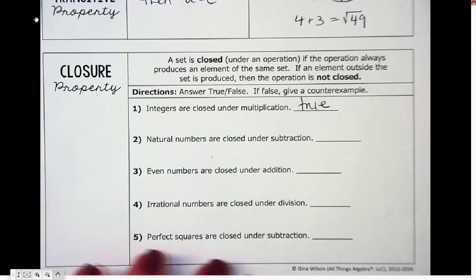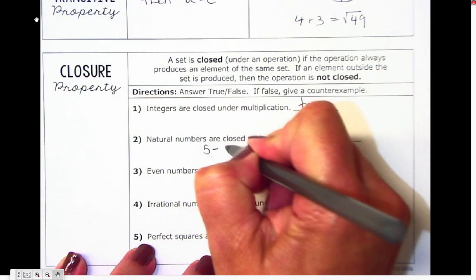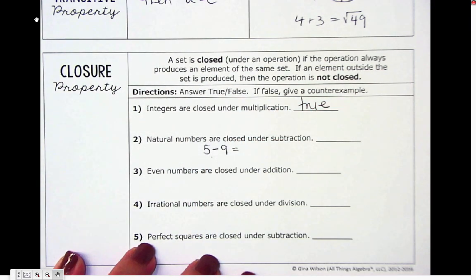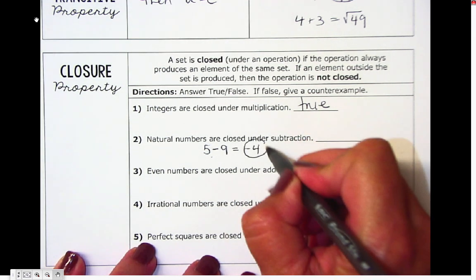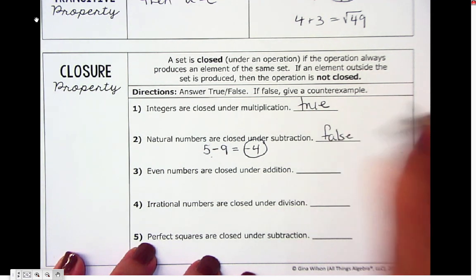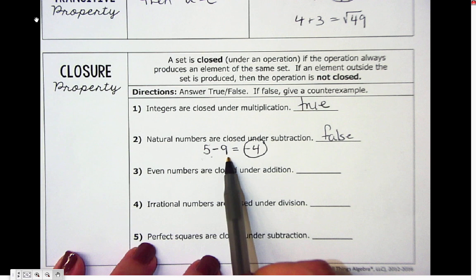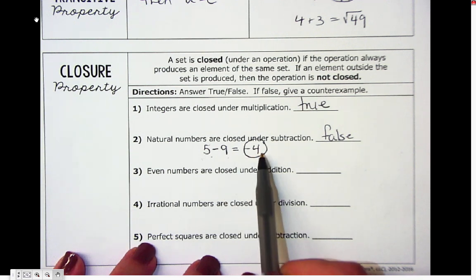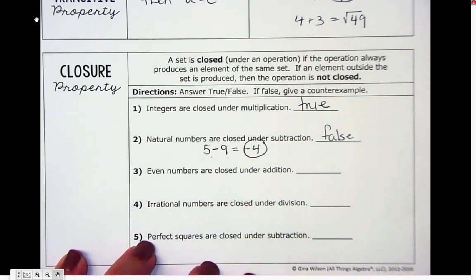Well, if I take two natural numbers like 5 and 9 and I subtract them, I could get -4. -4 is not a natural number, that's an integer, so that would be false. The natural numbers are not closed under subtraction.